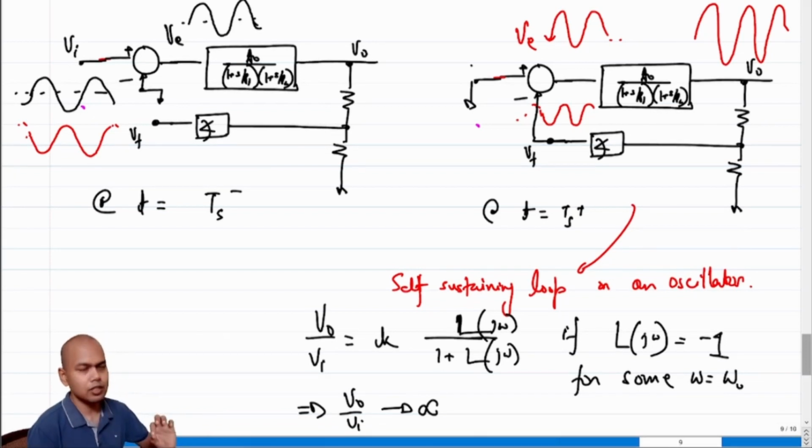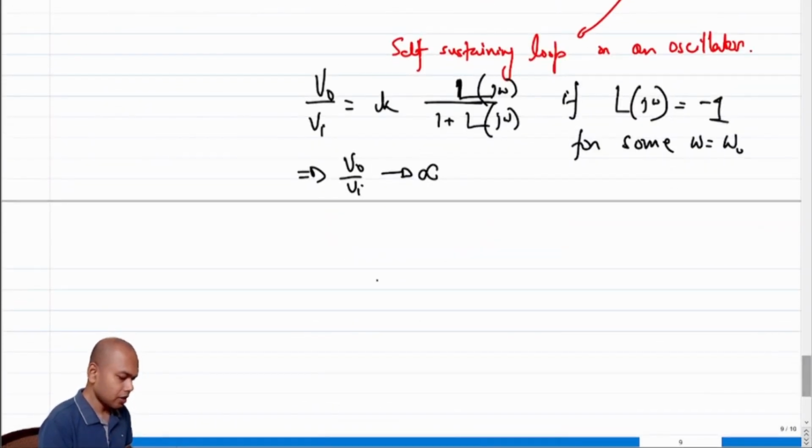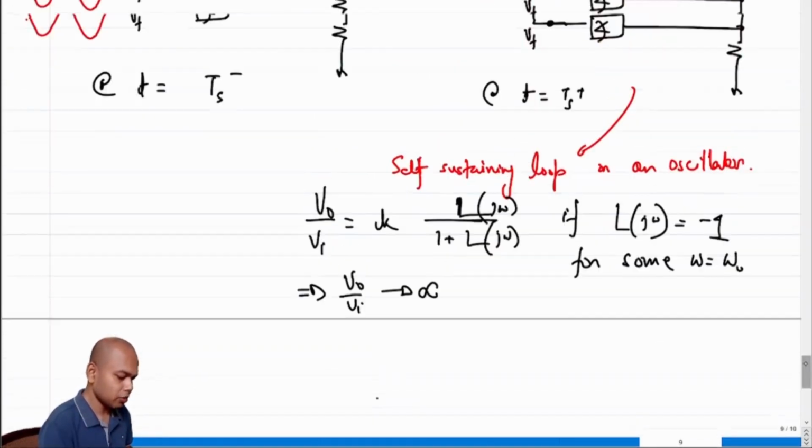So you will have inputs of all frequencies available in the network all the time, however small that might be, but it is sufficient for the loop to latch on to any excitation at that frequency, right? The moment the loop finds any excitation at the frequency, it will start oscillating, right? So what we have to do is steer clear of this condition of L of j omega being equal to -1, right?